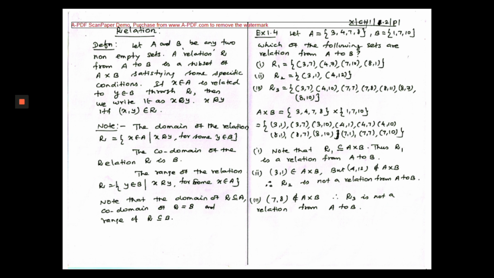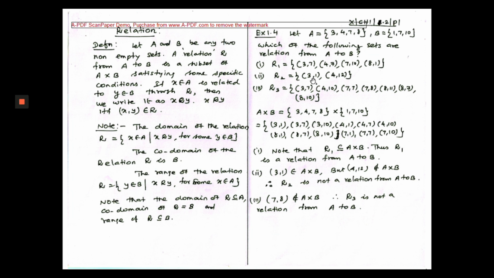Here every element of R1: (3, 7), yes it is there. (4, 7) is an element of R1 and also an element of A cross B. (7, 10) is an element of R1, and yes, here (7, 10). (8, 1), yes here (8, 1). So every element of R1 is an element of A cross B. Therefore R1 is a subset of A cross B. Thus R1 is a relation from A to B.